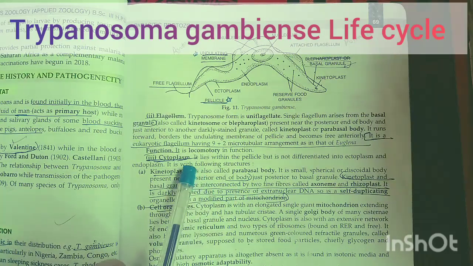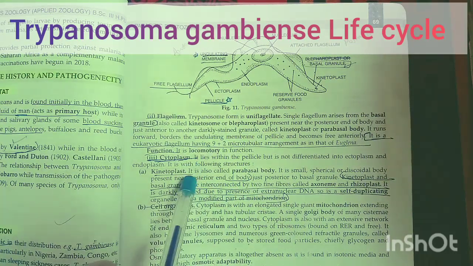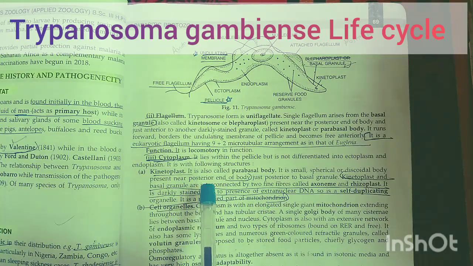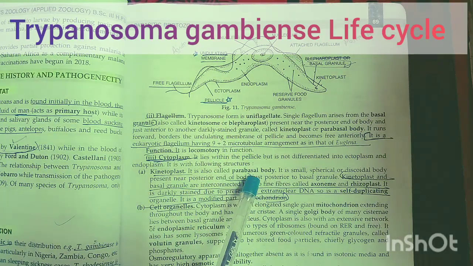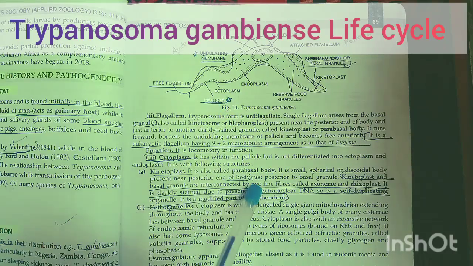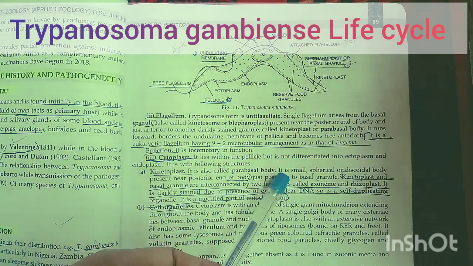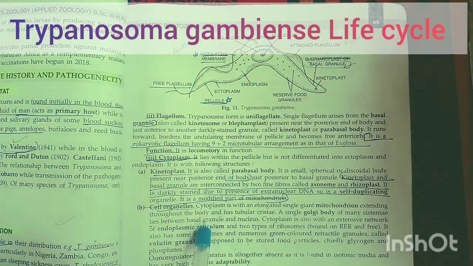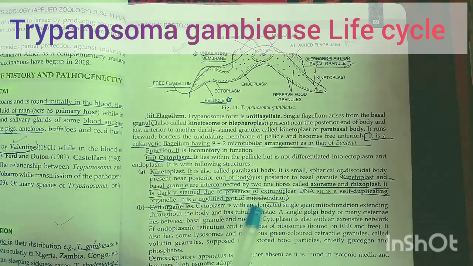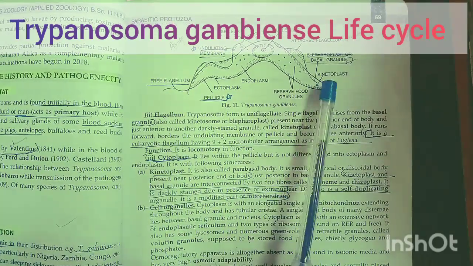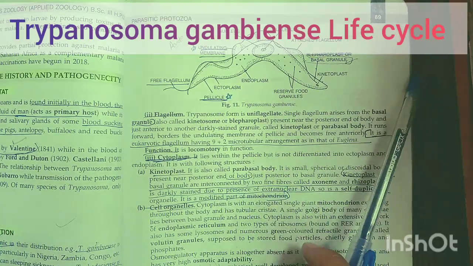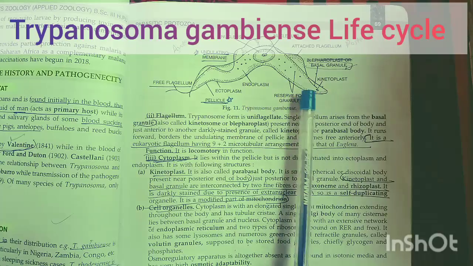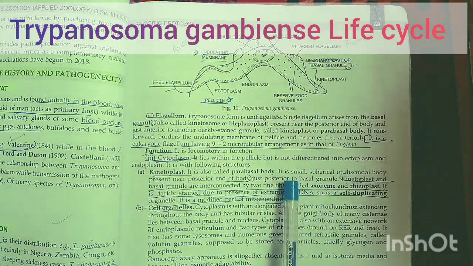Next we have the cytoplasm. The cytoplasm lies within the pellicle, but it is not differentiated into ecto and endoplasm. It has the following structures: the kinetoplast, the cell organelles and the nucleus. The kinetoplast is also called the parabasal body.